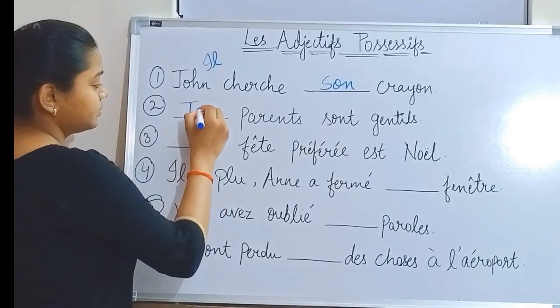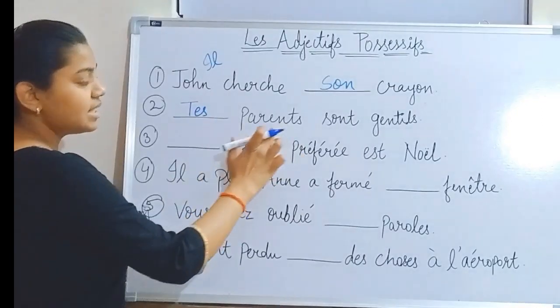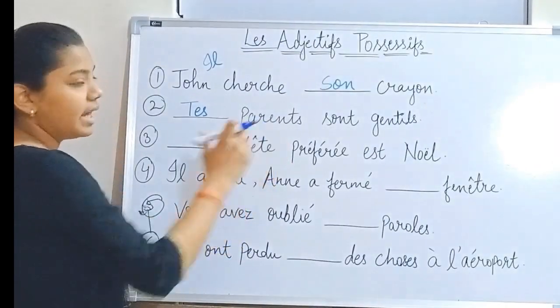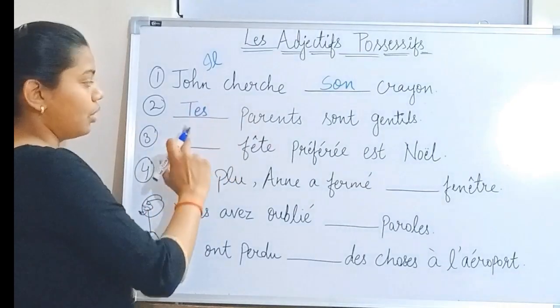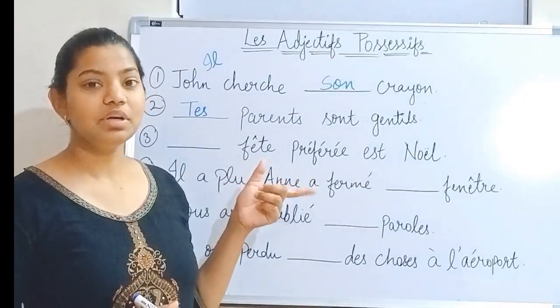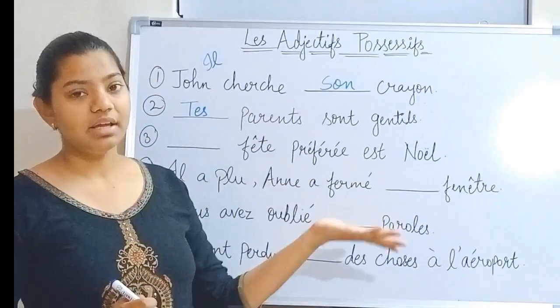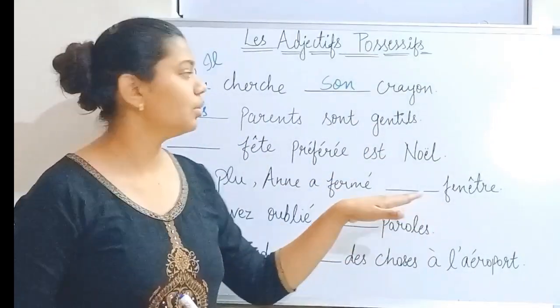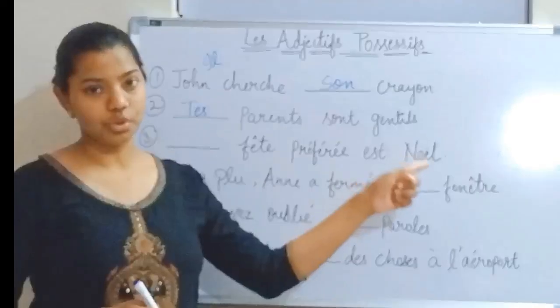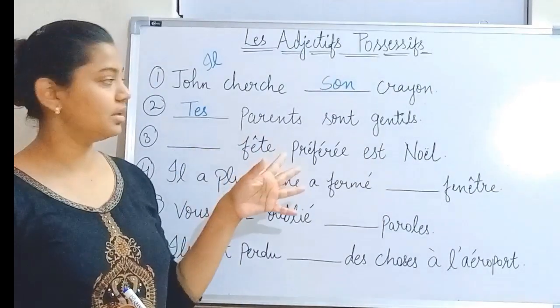Tes, because parents is a plural word. And a plural word with tu, so we use tes, because with tu we use tes in the form of plural. So that's why we use tes here. Tes parents sont gentils. Your parents are kind.